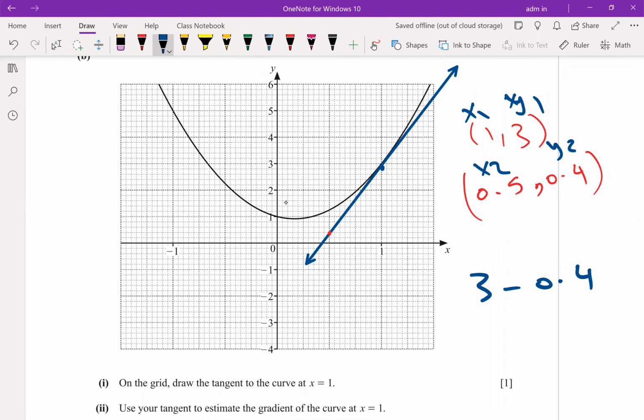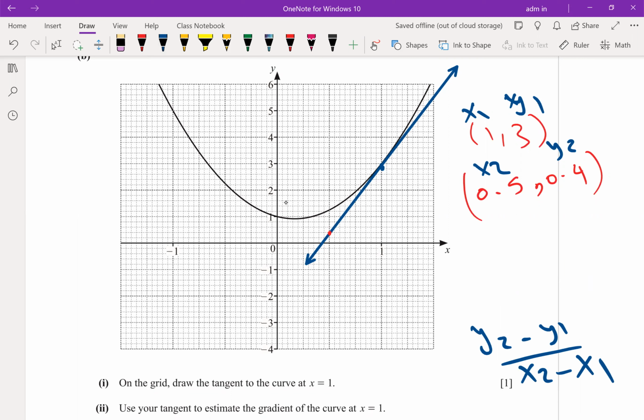The gradient is y2 minus y1 over x2 minus x1. How to apply the formula? 0.4 minus 3 over 0.5 minus 1. Then get your answer.